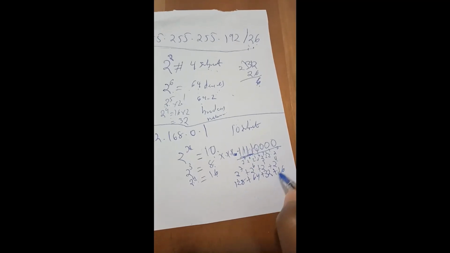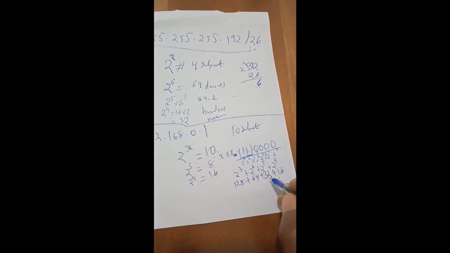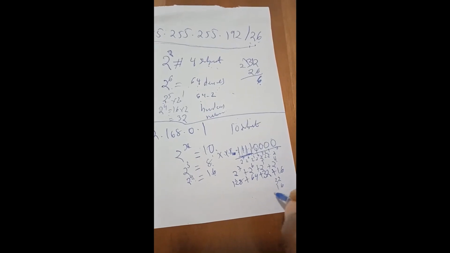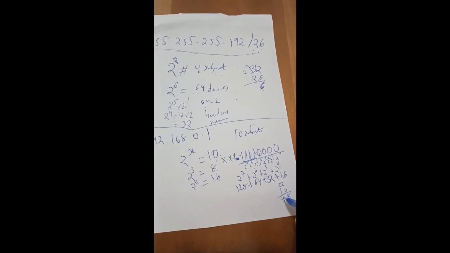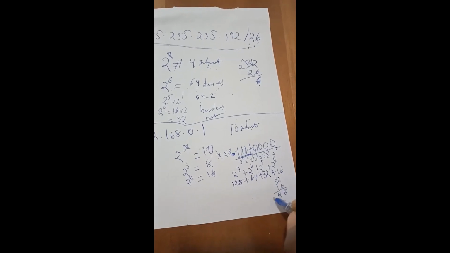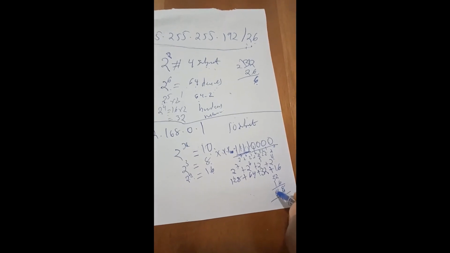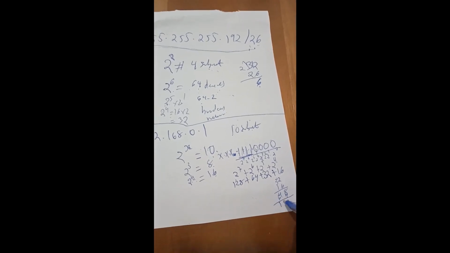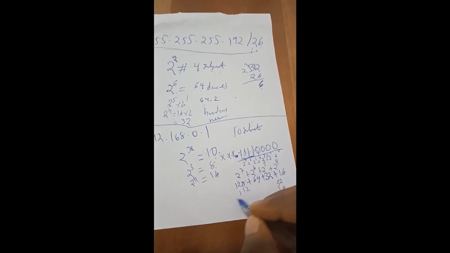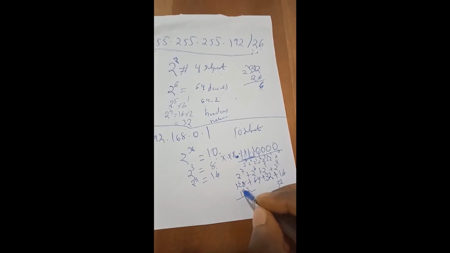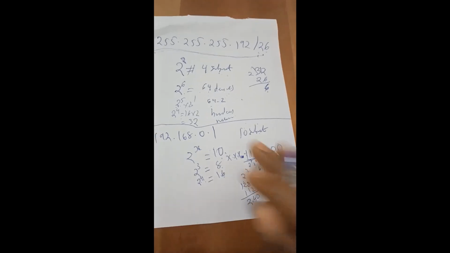And we know that 2 to the power 7 is 128, plus 64, plus 32, plus 16. So let's calculate this. 32 plus 16 is 48. 48 plus 64 is 112. 112 plus 128 is 240.